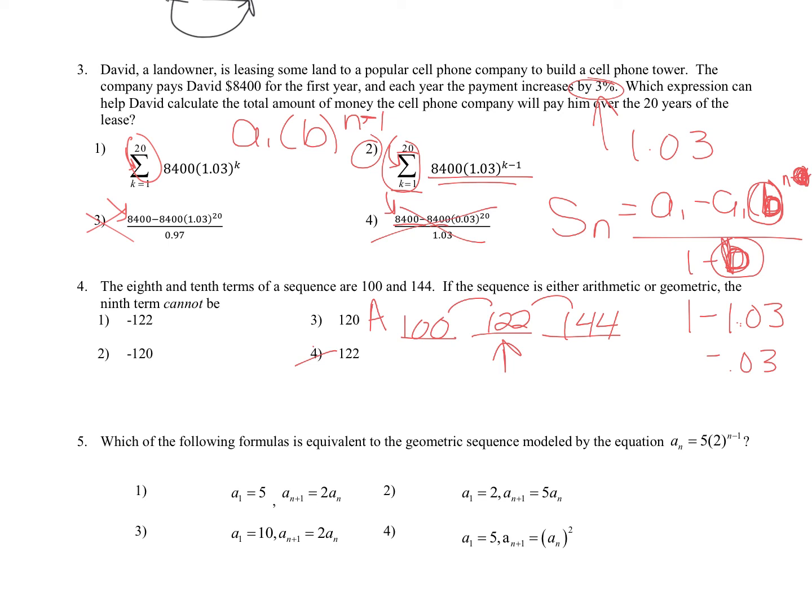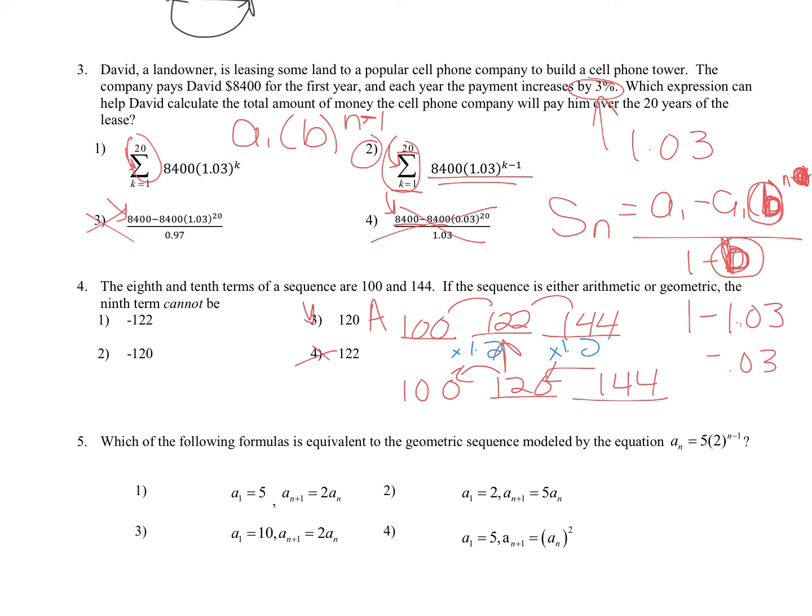If I was thinking of a multiplying pattern, if I put 120 in here, so this is just trying choice 3, I'm kind of going in the order I would probably try them. Then if I do 120 divided by 100 and 144 divided by 120, that would give me a multiplier of 1.2.